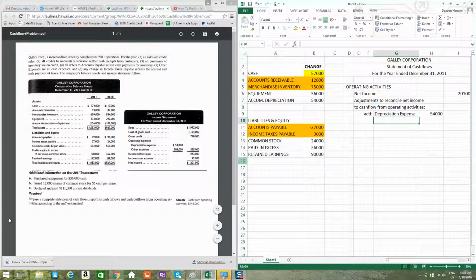Okay, so I'm going to take my income tax payable. So I have this increase in income tax payable. That's going to get added back. So that's 3,000.